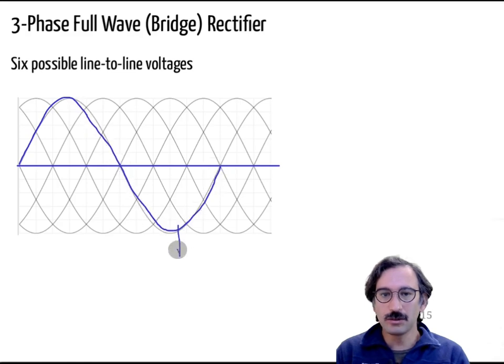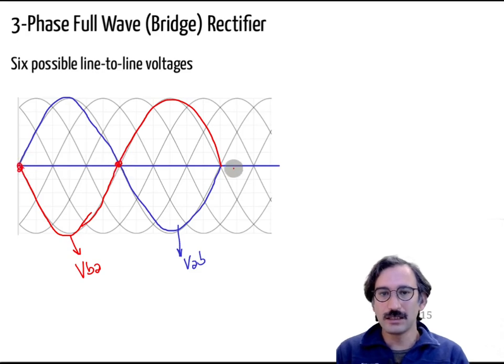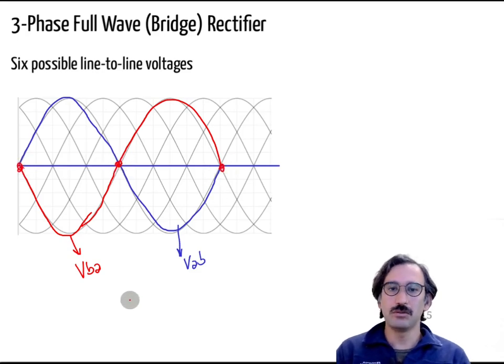Okay, let's call that one VAB. And there's exactly the negative of that one. It looks like the single phase rectifier, and this is VBA. So they are exactly negative to each other.